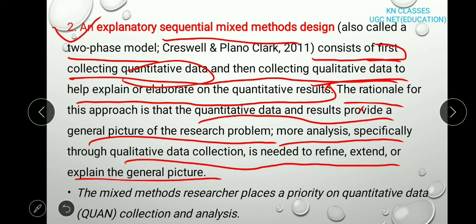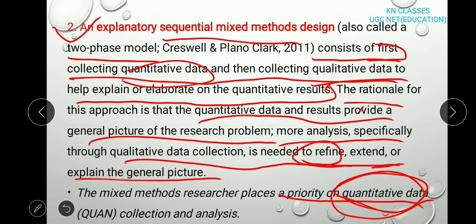Here the major focus is on quantitative data, and the qualitative data will be collected to refine the quantitative results and extend what we get from them. The mixed method researcher places a priority on quantitative data. Here the main priority is quantitative data collection.